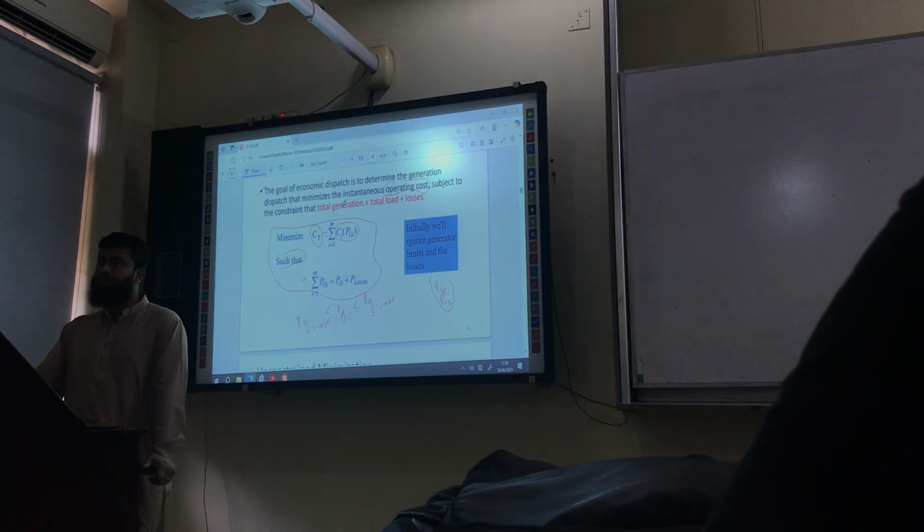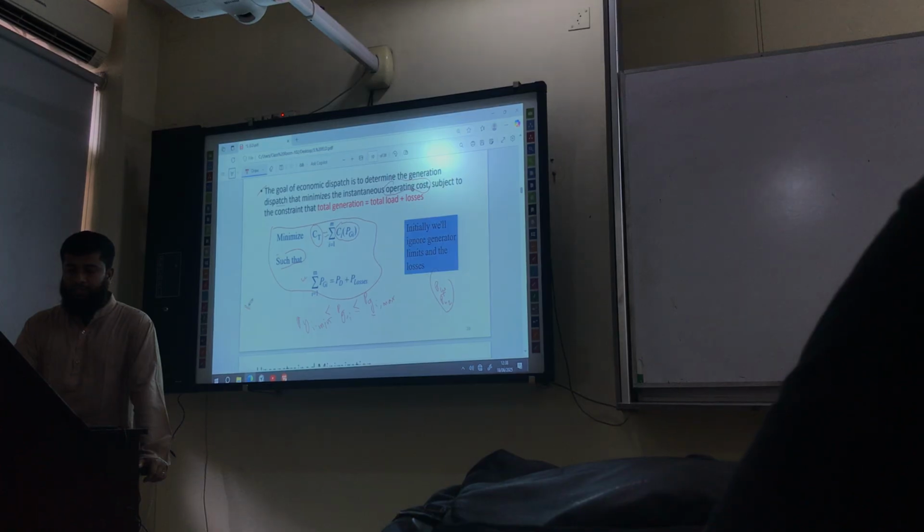Have you understood this? Let's say your demand is 400 megawatt. Let's forget about the loss and just think about the load demand. You have two generators, so you will have PG1 and PG2.